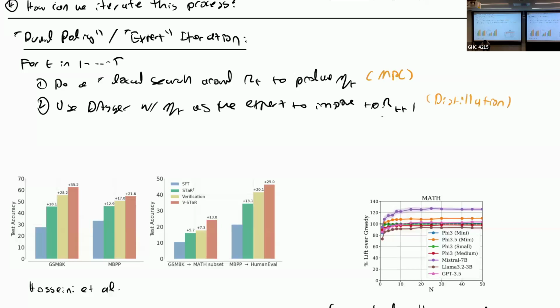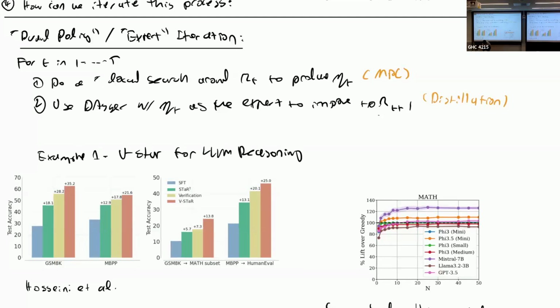So I'm going to give you 2 examples of this that I think are particularly cool beyond the AlphaGo one. So the first is what I'm going to call V star for LLM reasoning. So this is like a pretty recent paper, I think from folks in Canada.